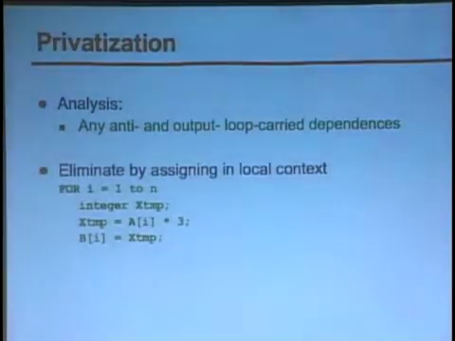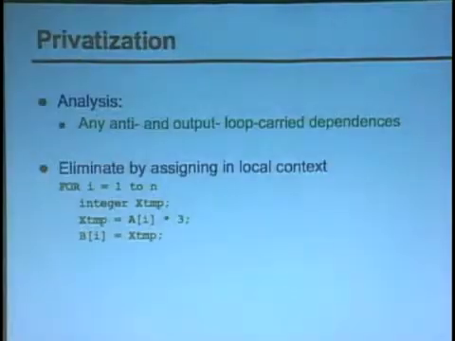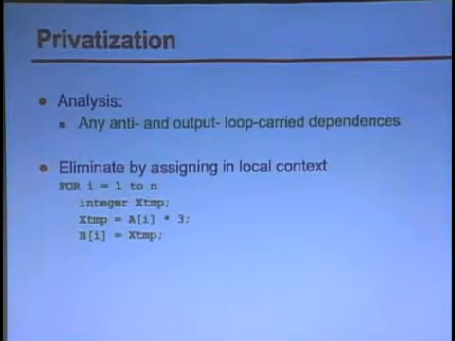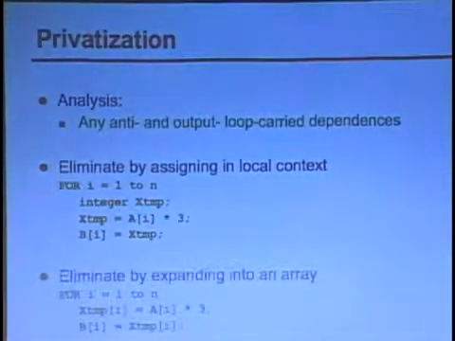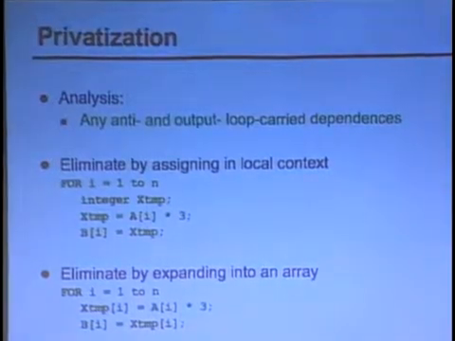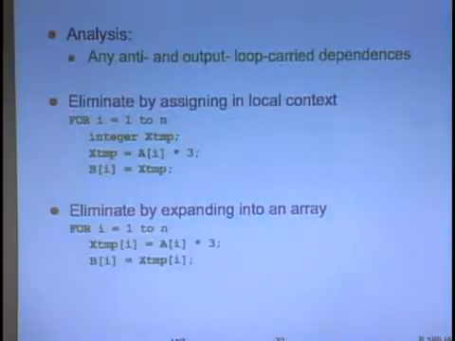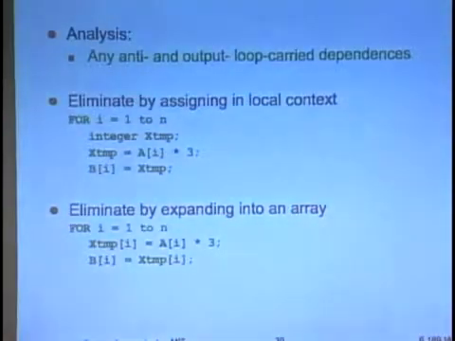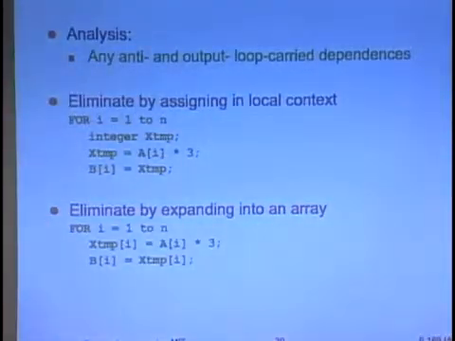One is to assign something local, so each processor will have its own copy, and the scope is restricted here. Or I can allocate an array. The array can have either the number of processors or iterations, so each iteration uses a different location. This is more efficient, by the way, than the other one because you're touching a lot more locations in here.